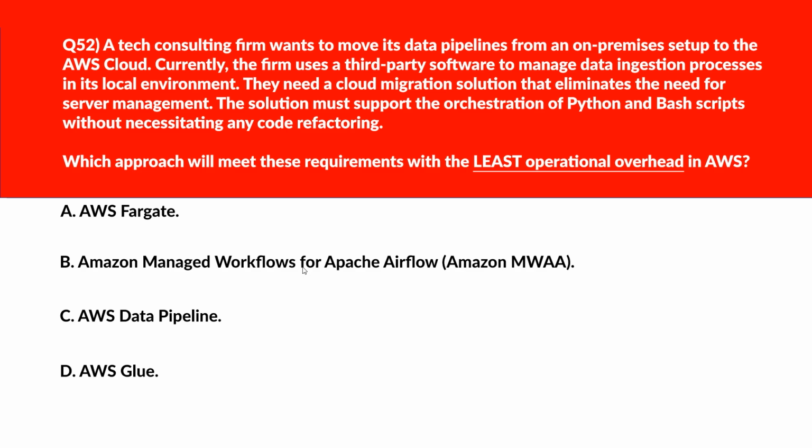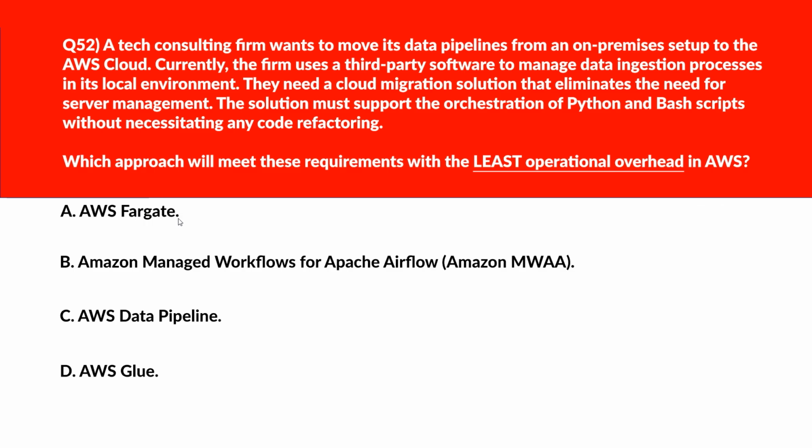We'll log this. Alright, now let's look at this question, and we need to choose an option which supports orchestration of Python and Bash scripts without necessitating any code refactoring, with the least operational overhead. If you look at option A, it is AWS Fargate. AWS Fargate does not orchestrate data pipelines or scripts without additional setup.